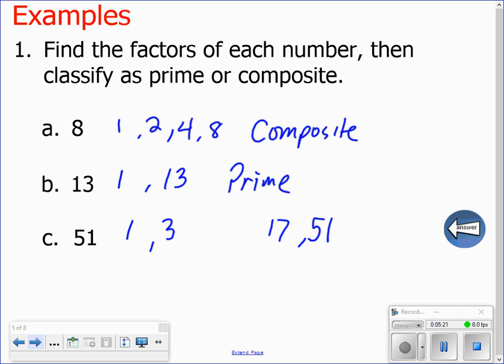And if we continue this process, we'll see that there are only 4 factors for 51. That would be 1, 3, 17, and 51. So this number is composite. When you are identifying the factors, it is important that you check each and every number, even if you think that it may not be divisible.